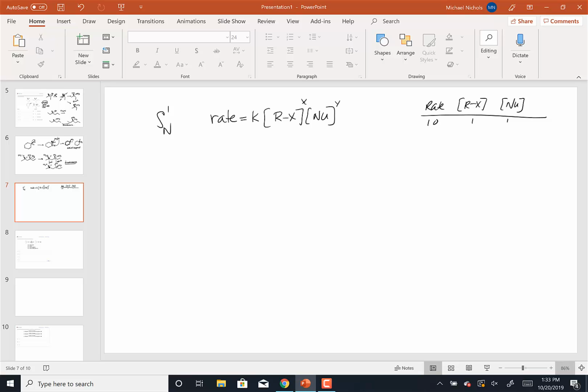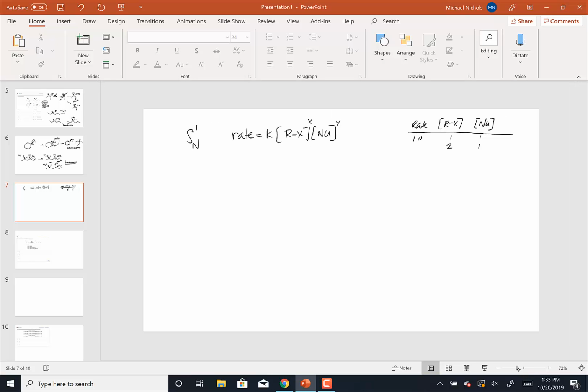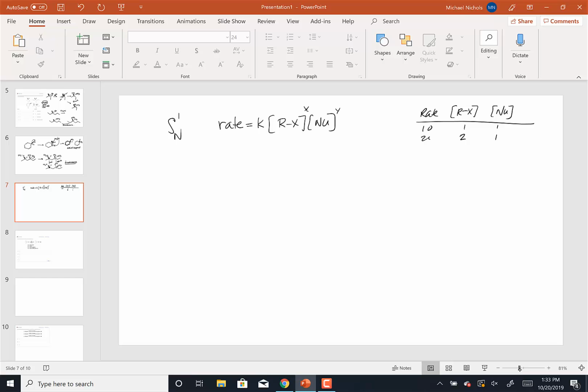Then they doubled the concentration of the alkyl halide while holding the concentration of the nucleophile the same, and they found that the rate doubled. And so that tells them that it was first order in alkyl halide.